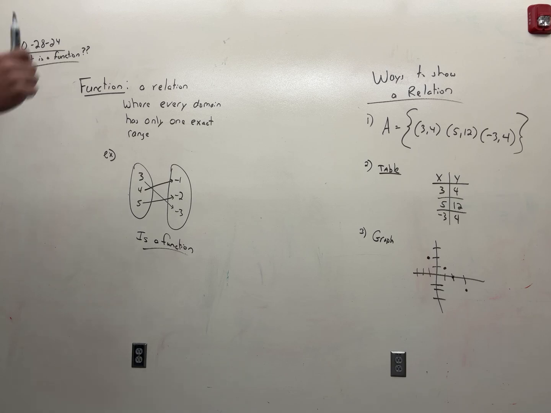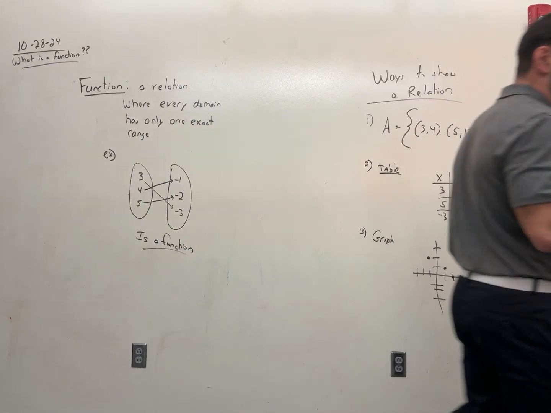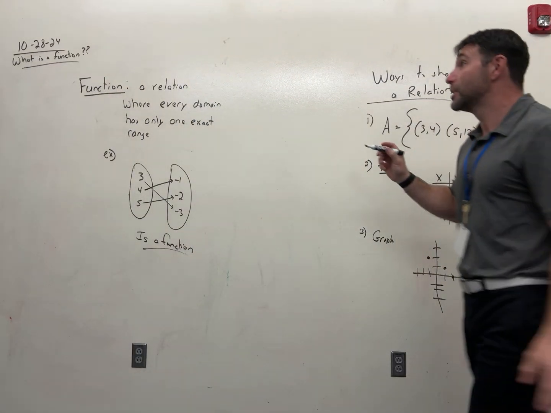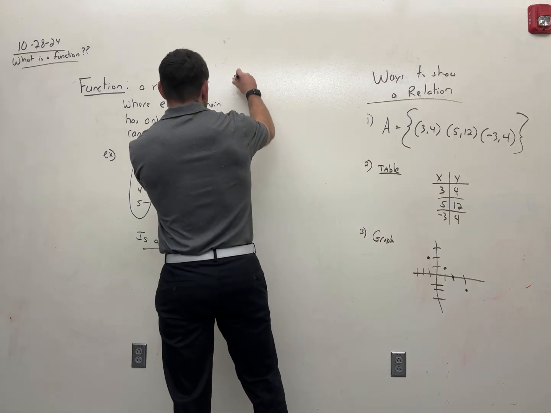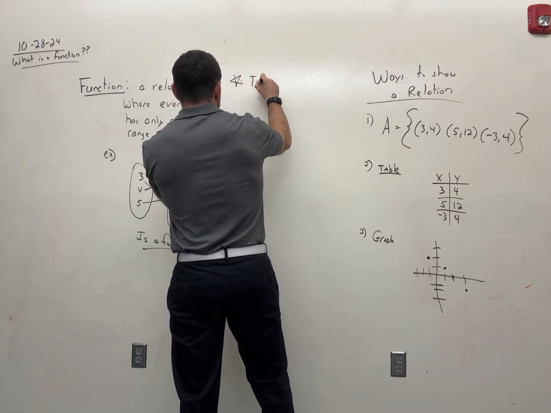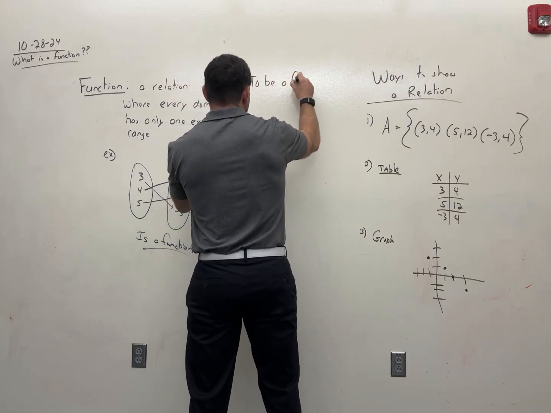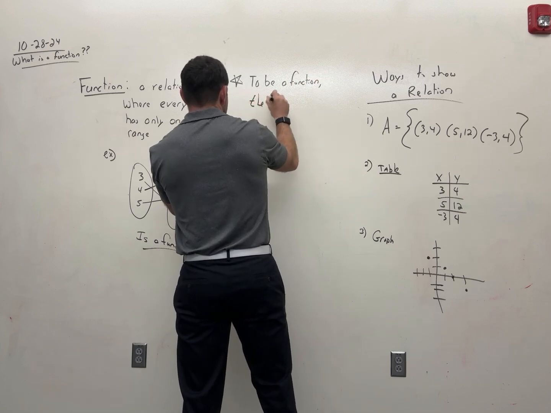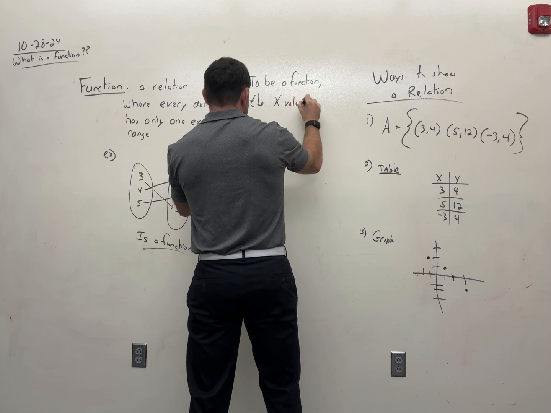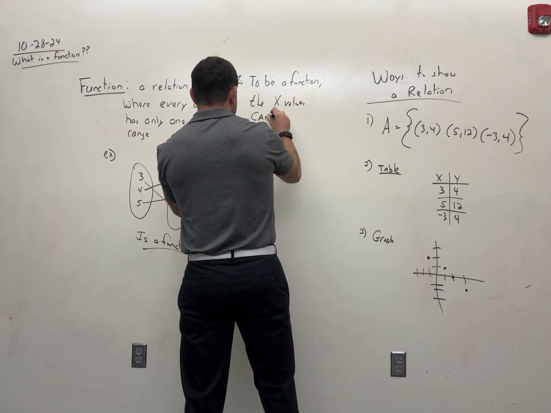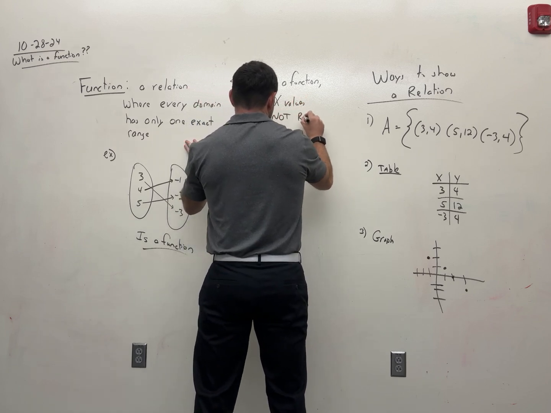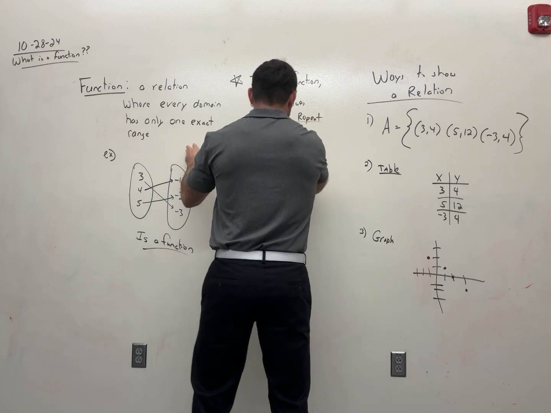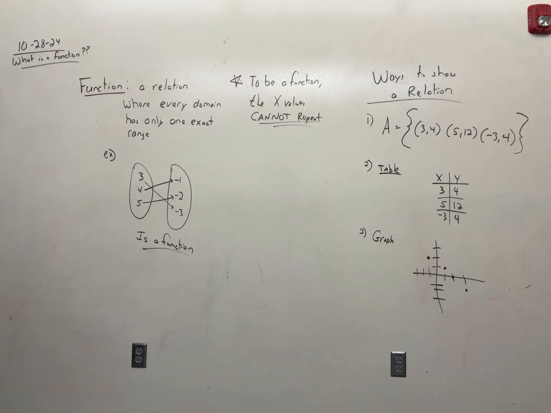For it to be a function, the x's cannot repeat. So, function, and then I'm going to put a star. To be a function, the x values cannot repeat. They cannot repeat.